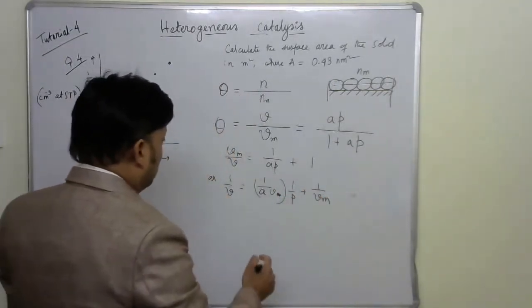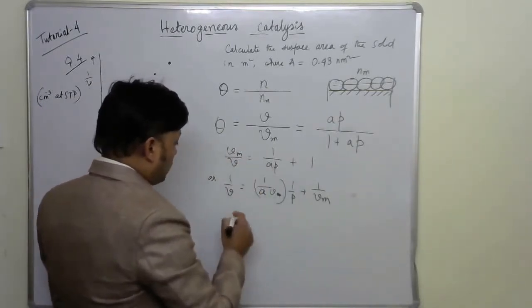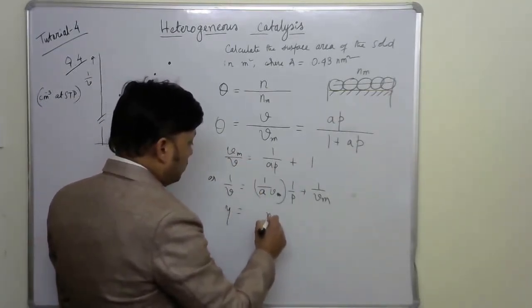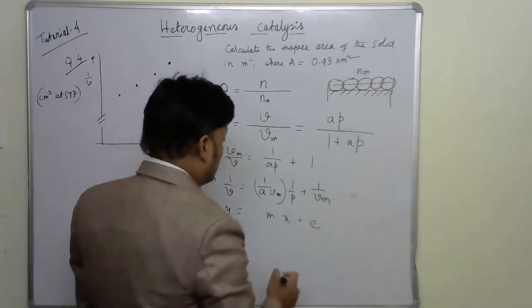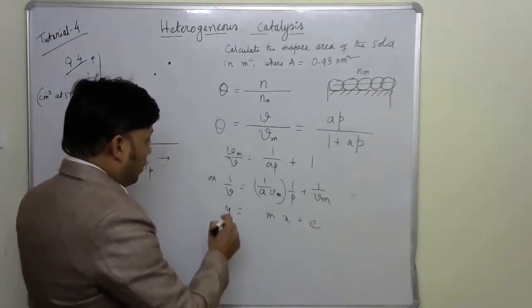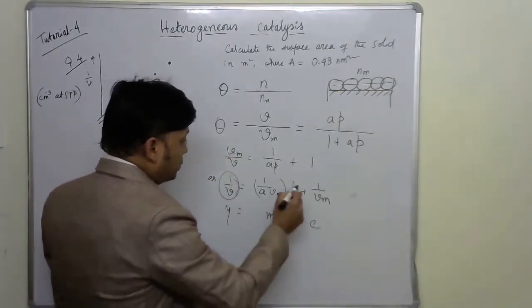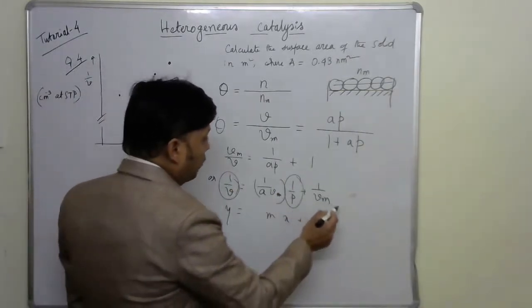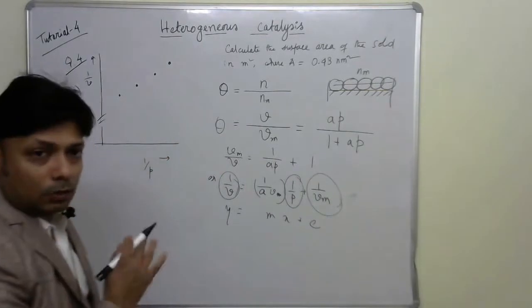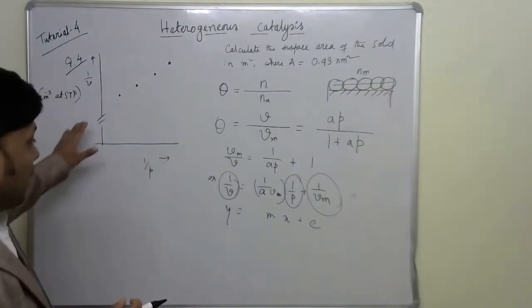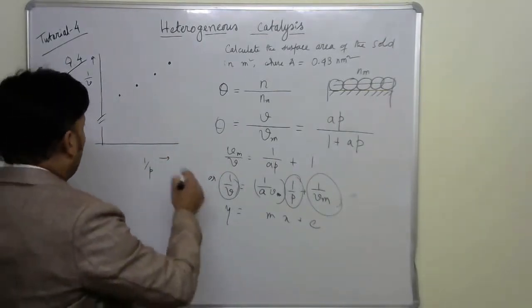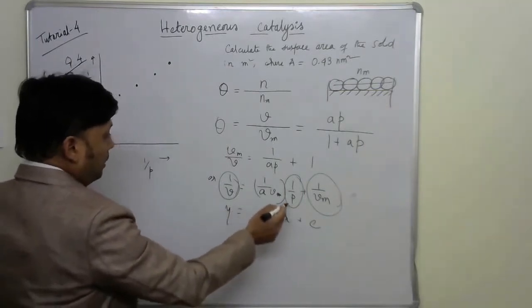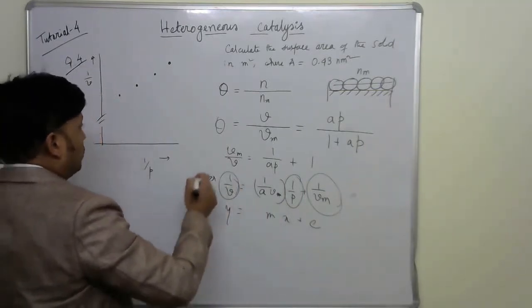Now you see we get a linear equation, almost like y equals mx plus c. Therefore if we plot 1 over V versus 1 over P, we get a straight line with an intercept of 1 over Vm on the y-axis. That is exactly what's happening here. 1 over V has been plotted against 1 over P, so it gives a straight line.